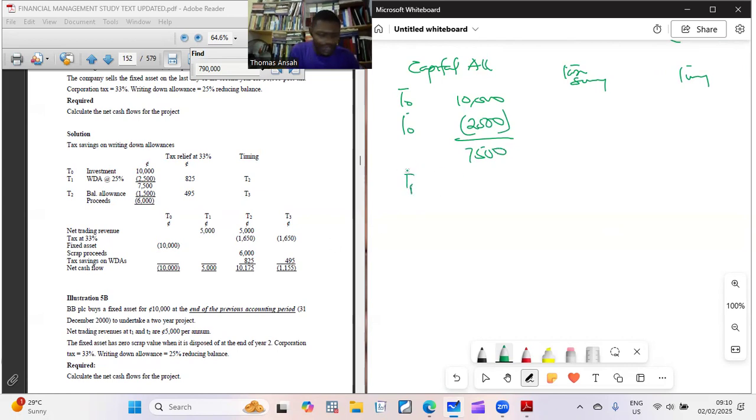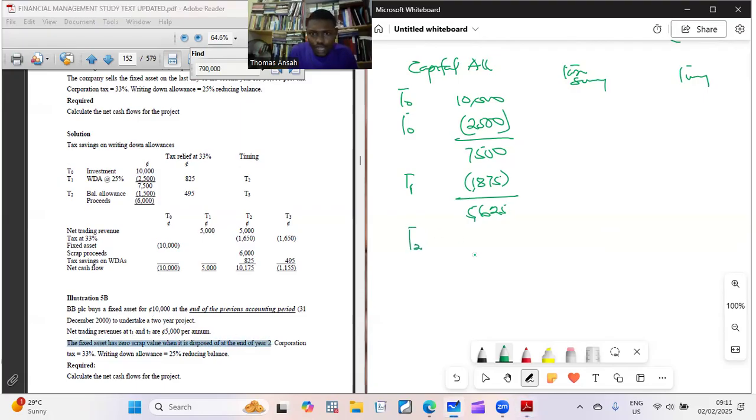Then I come to T1 now. So that is how it will be. So I have 0.25 multiplying 7,500. So that gives me 1875. That is the capital allowance. Then I have 7,500 minus 1,875, I have 5625. Year 2, the asset was disposed at the end of year 2.